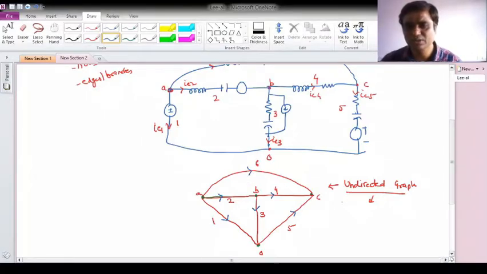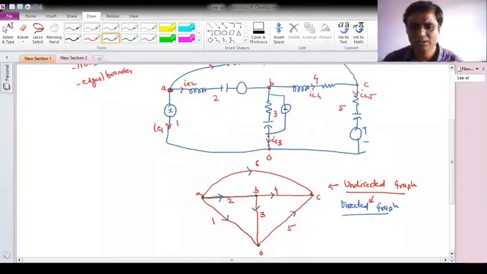With this, this is now my directed graph. Let me give the names of the currents: IE1, IE2, IE3, IE4, IE5, and IE6.